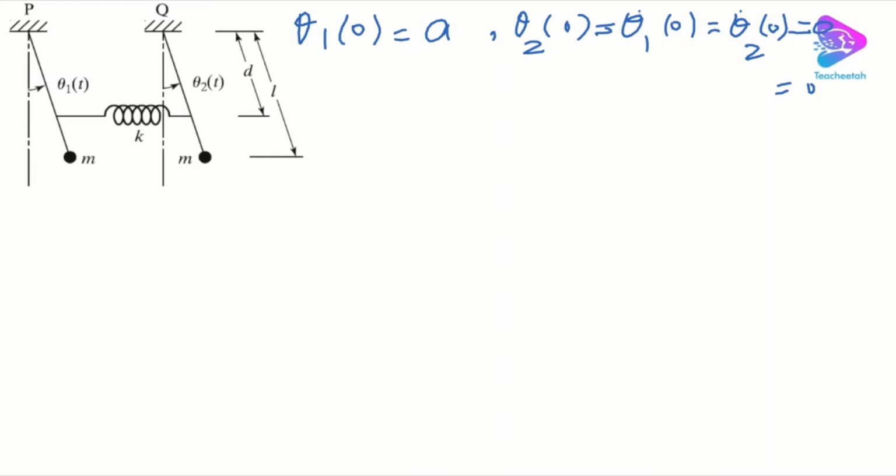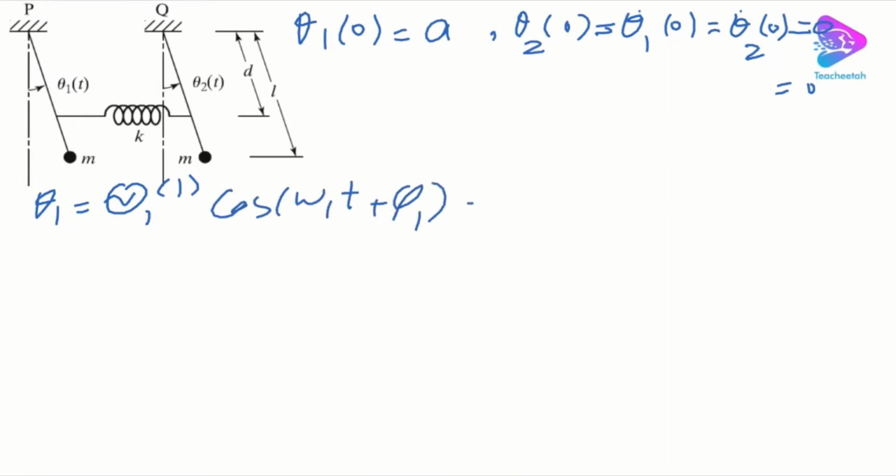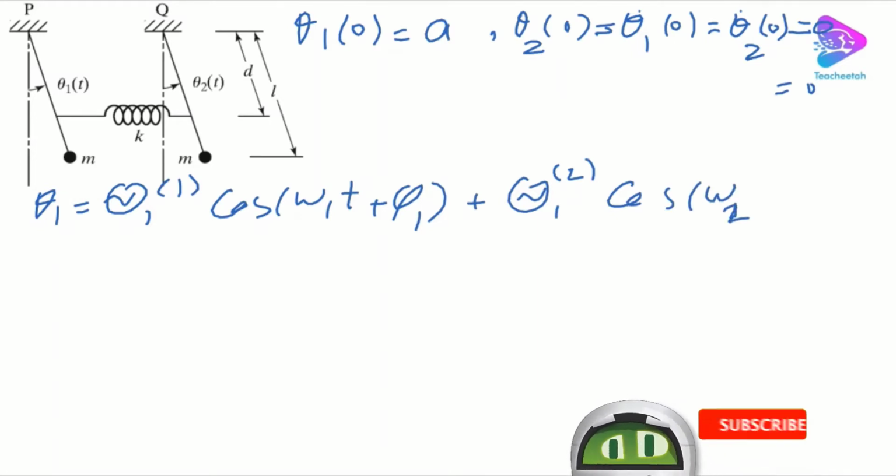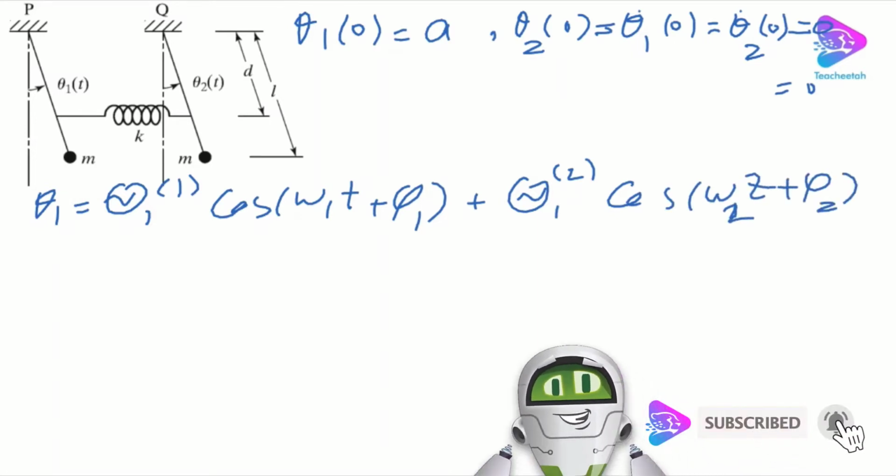So if we basically use the definition we have for theta 1 and theta 2, what are the responses we have? So we got theta 1 equal to theta 1 1 cos omega 1 t plus phi 1, plus theta 1 2 cos omega 2 t plus phi 2.